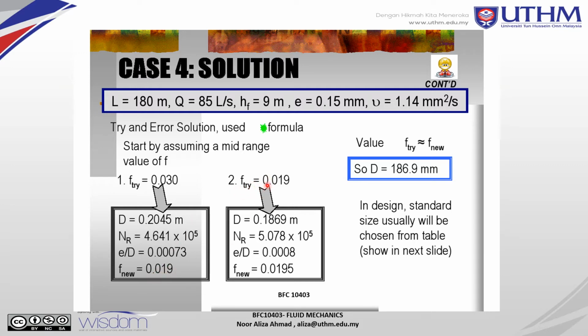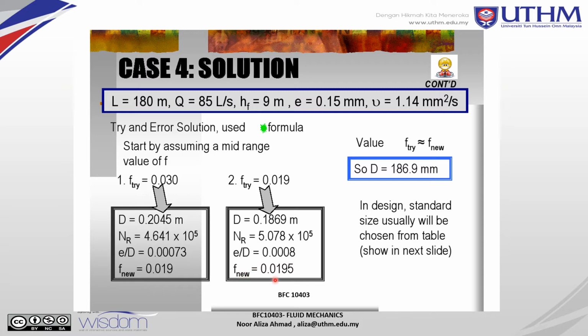So F trial 0.019, and insert the value into D. So you get D 0.1869 meter, and you get the Reynolds number. And E over D, you get 0.008. And you get the F new from the Moody chart, 0.0195.